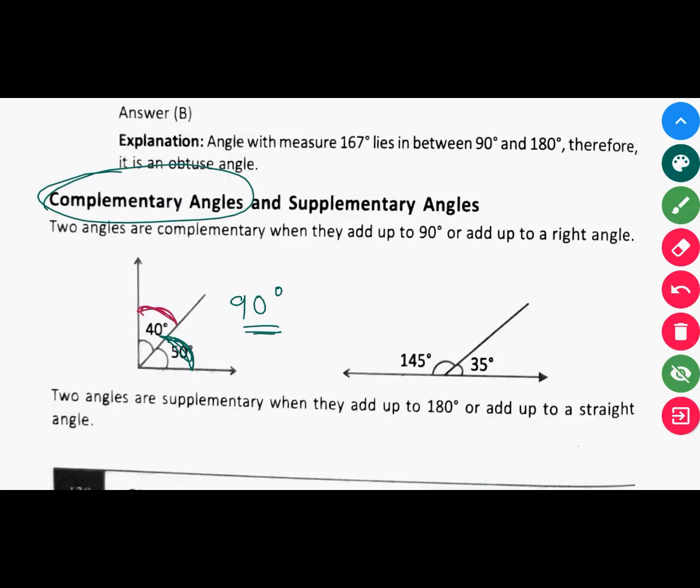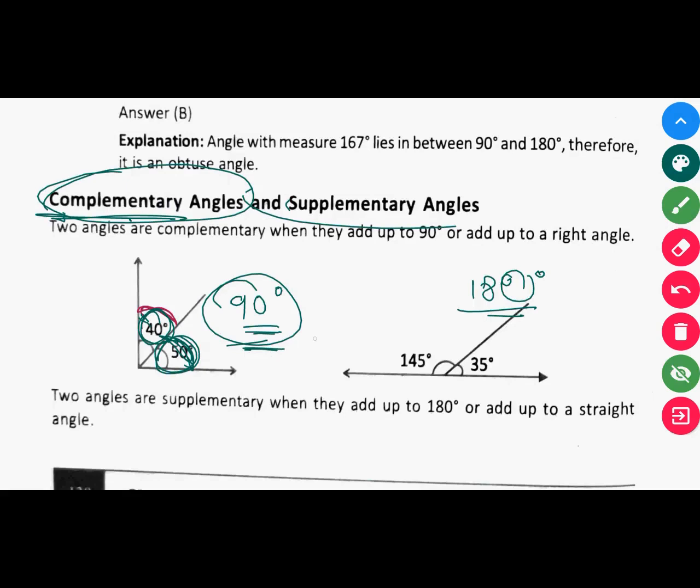It is not necessary that both the numbers should be the same. See here in the example, one angle is of 40 degree, one angle is of 50 degree. Not necessarily exactly half of 90. But their total is 90, so they are complementary to each other. If their total is 180 degree, then they are supplementary to each other.